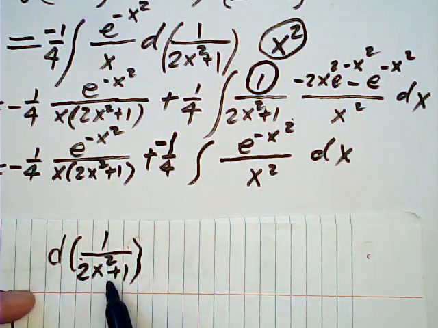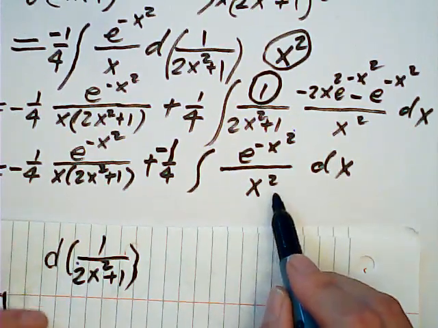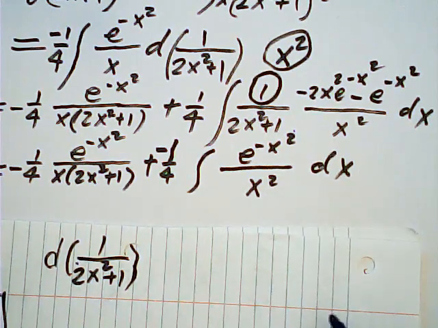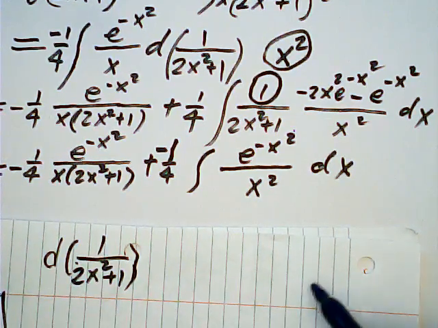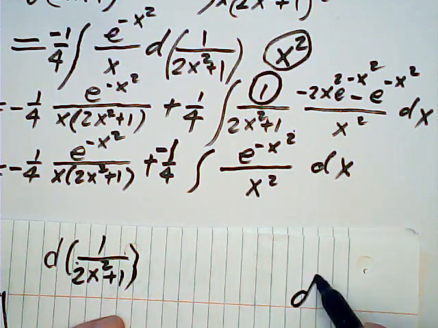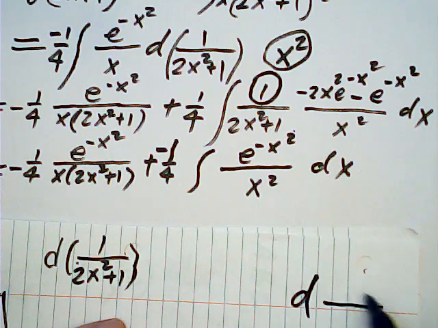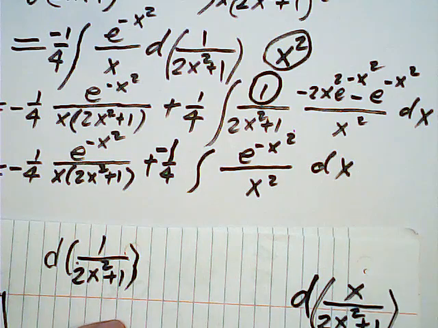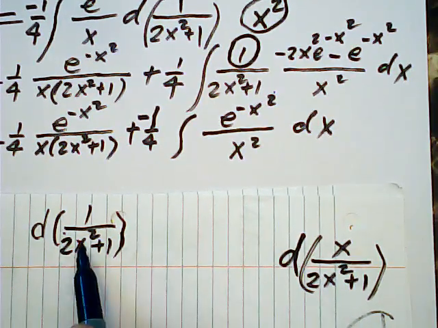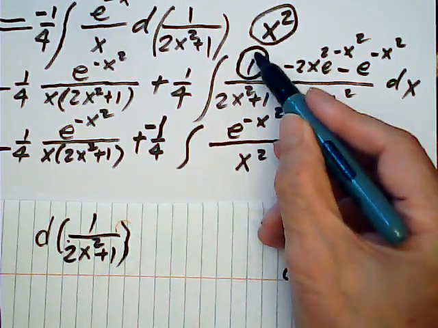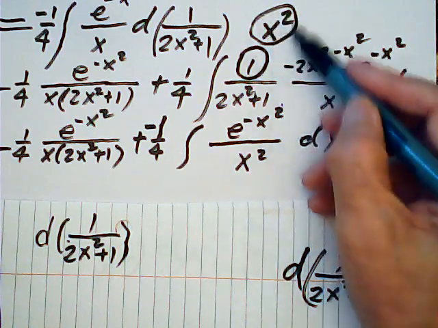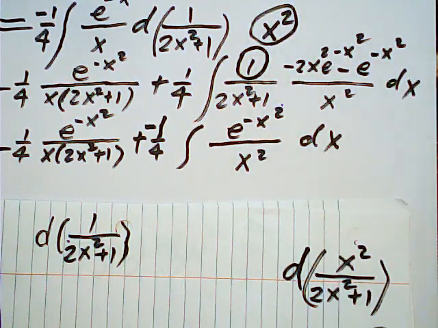This is not good because I have x squared there. Now, if v is not this, if v is this, then the problem is solved because the x squared cancels out.